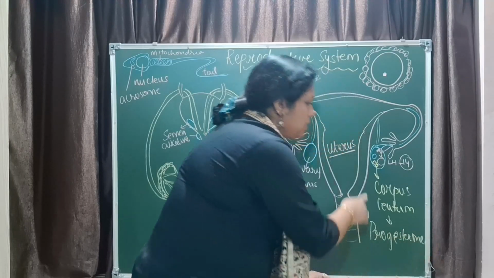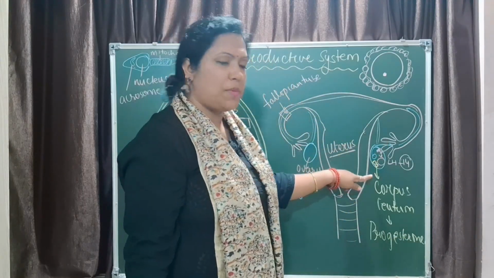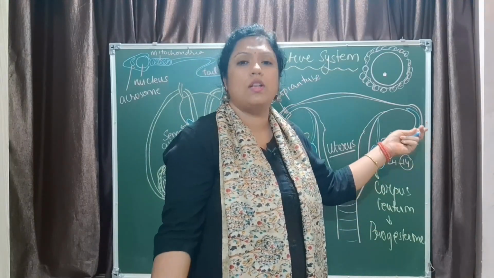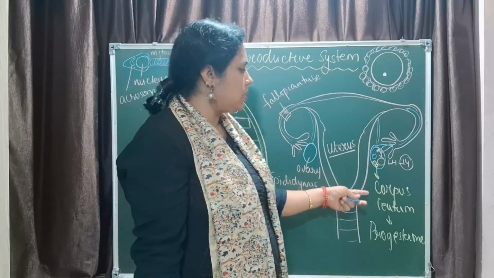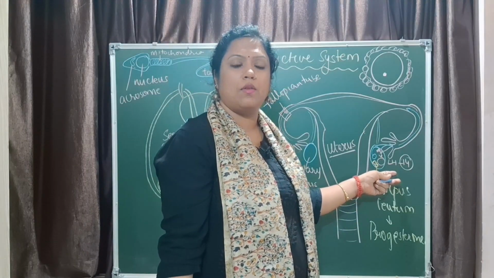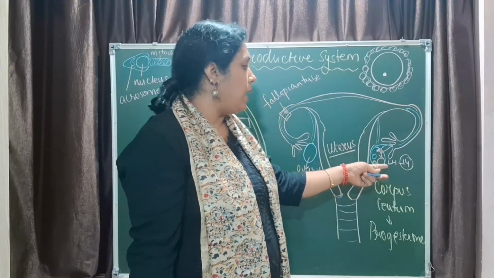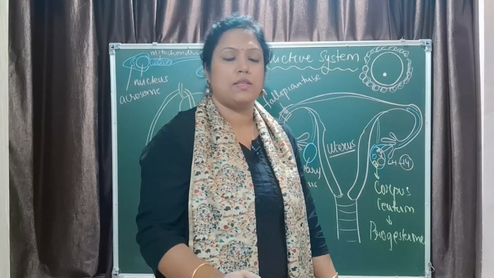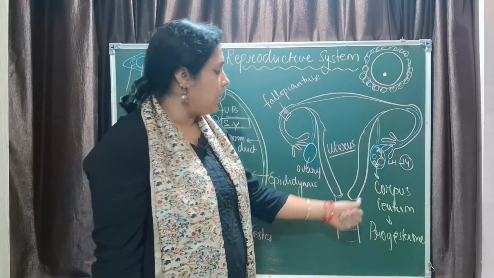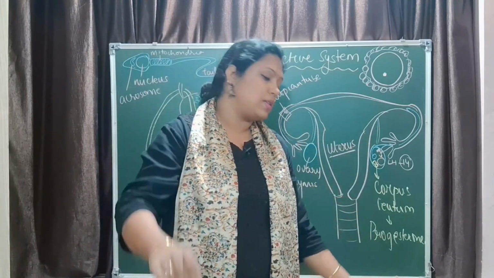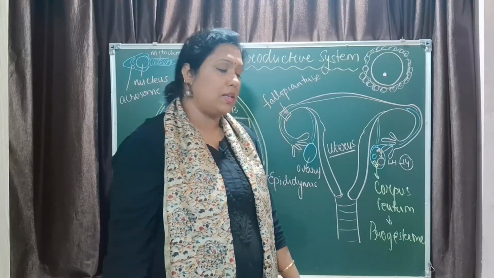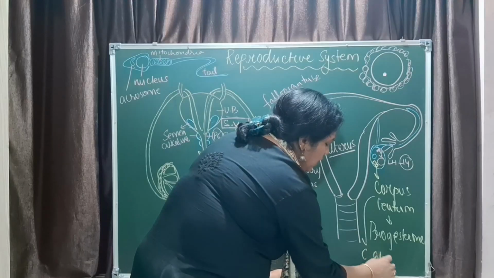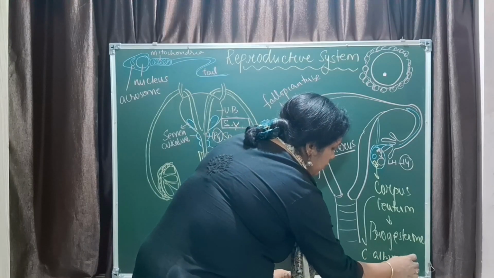Now what happens? The corpus luteum waits for a certain period of time till fertilization happens or it does not happen. On the 14th day ovulation happens, and then for another 5 to 6 days the corpus luteum persists. If fertilization happens, it continues to stay for 9 months, keeps on releasing progesterone to maintain pregnancy. If it does not happen, it changes into corpus albicans and stops the production of progesterone.